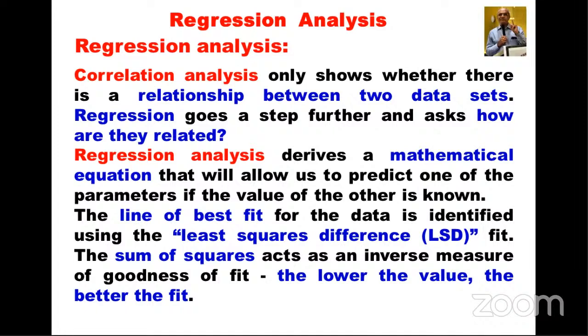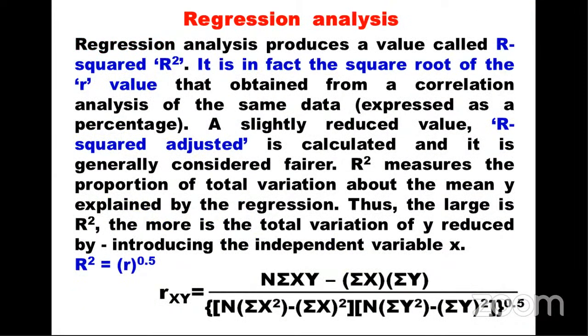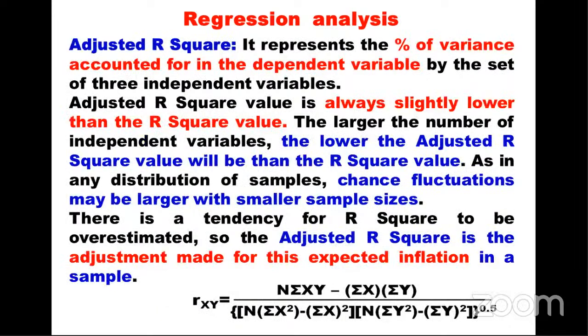Generally all software functions, at the end, go with the LSD principle. If you see the equation, Rxy is equal to this. It looks very complex, and if we calculate it by hand it takes more than an hour. But if we use Excel, it takes only 2 minutes. So I'm not going into detail.